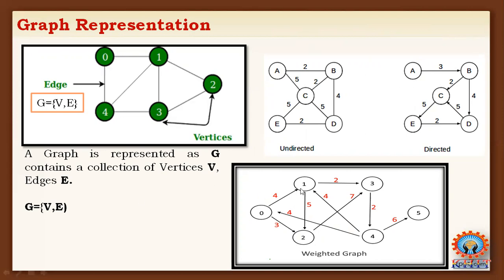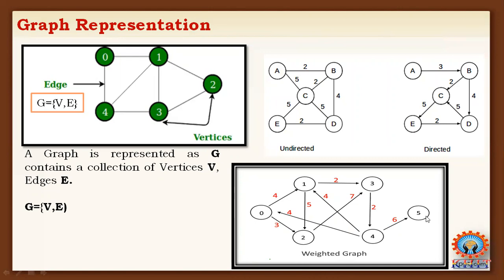And here, this graph is considered as a weighted graph. Weighted in the sense of the cost of each and every edge. The cost of each and every edge is clearly mentioned with red color here. Consider there are vertices, namely 0, 1, 2, 3, 4, 5.